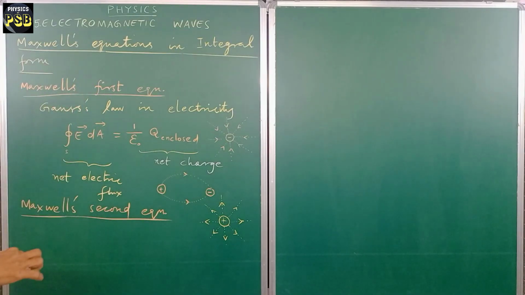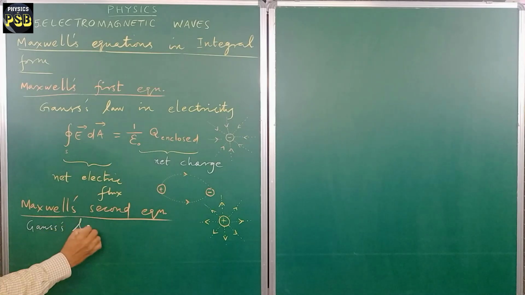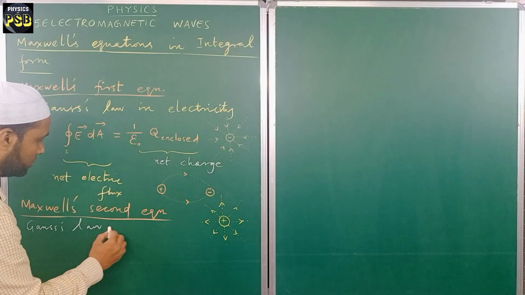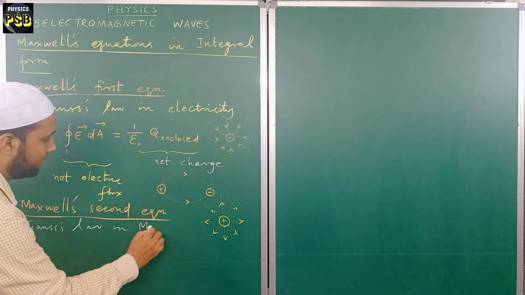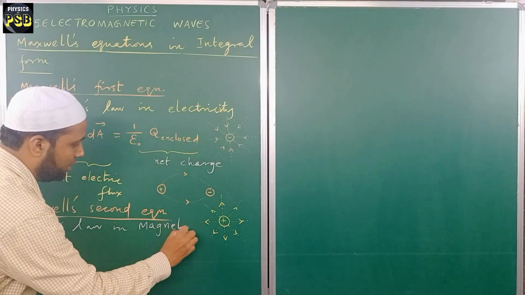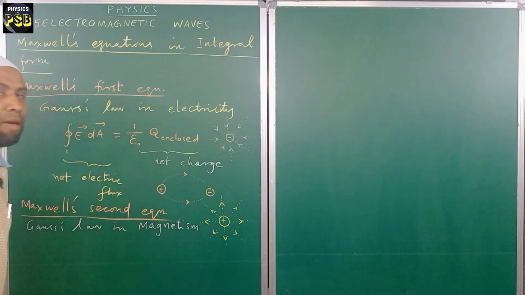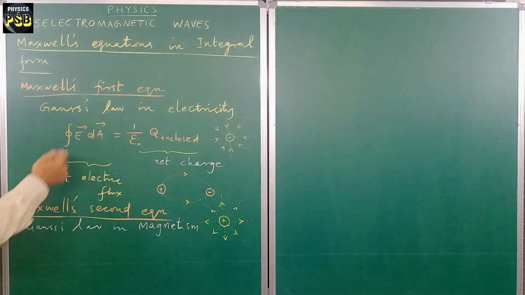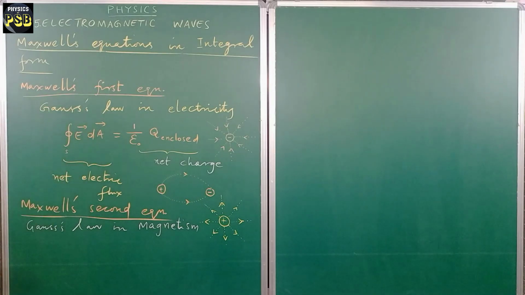So it is also referred to as Gauss law in magnetism. In magnetism, we study the magnetic property of substances, and we also learn about magnets. Let's see how it is written. Next, we have to replace E with B to get Gauss law in magnetism.